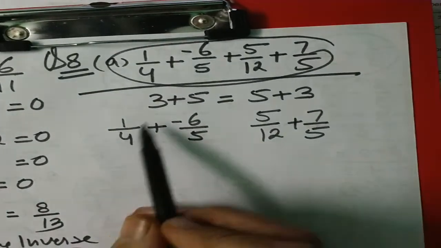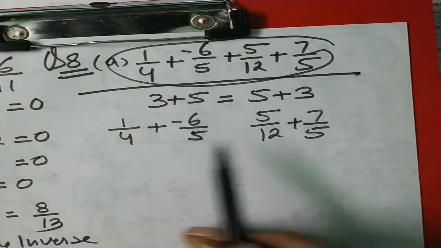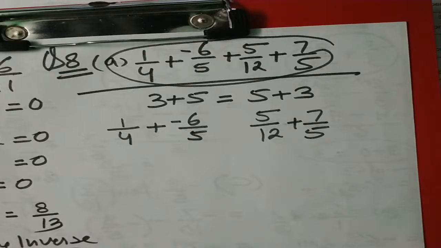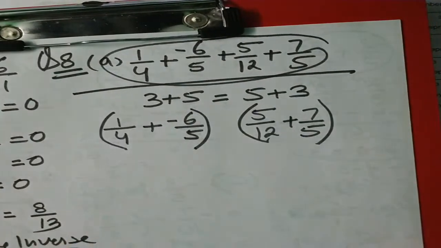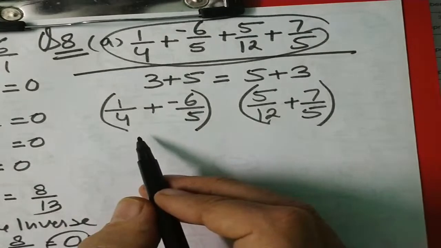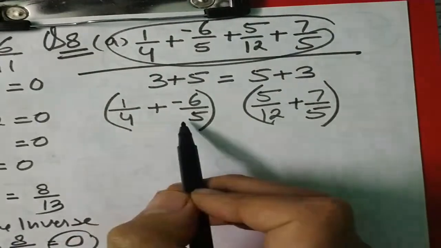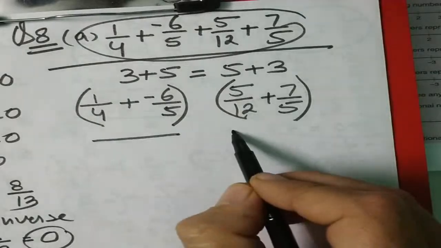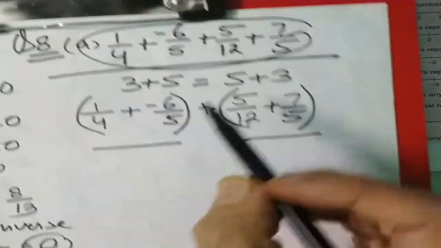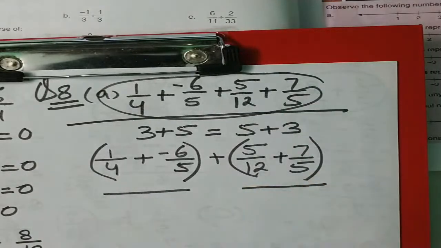I can add the first two numbers, the next two numbers, and then add the answers together. Again we need the LCM. I have divided the numbers into two parts: first and second number, and third and fourth number.